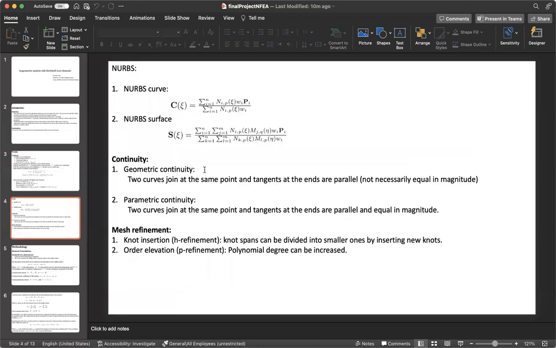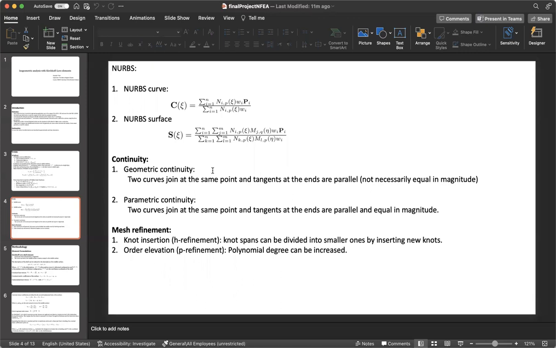Using these B-spline basis functions, the NURBS curves and surfaces are defined by the following formulas. Two things we need to keep in mind are continuity and mesh refinement. First, continuity: we have two types, geometric continuity and parametric continuity. Geometric continuity is when two curves meet at a single point and tangents are parallel.